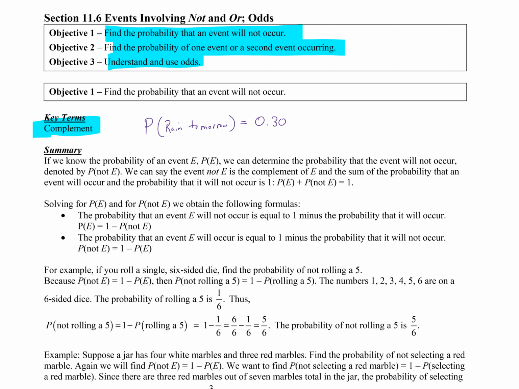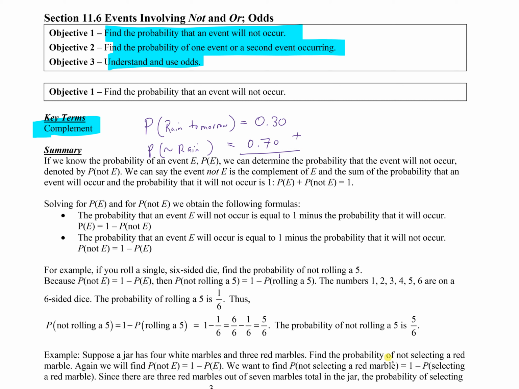That means that the probability it will not rain tomorrow would be 70%, right? And the reason why is because these two are complements of each other. The opposite of one is the other, so they add up to 100% or 1. That's the idea of complement.